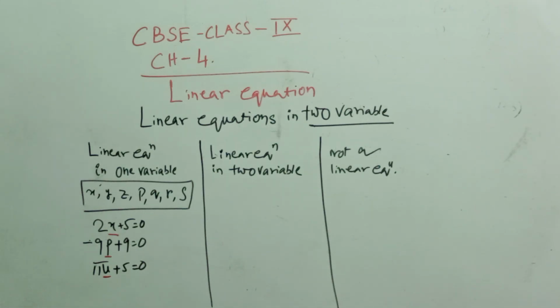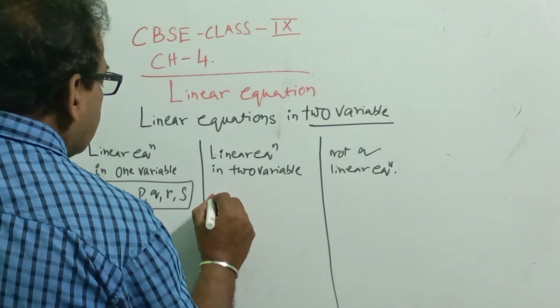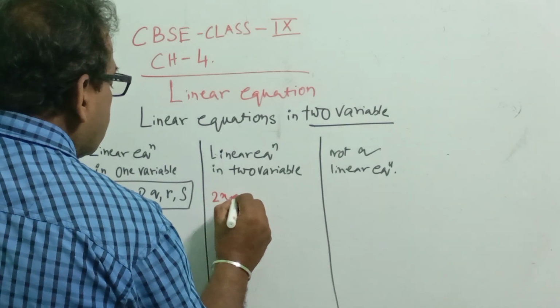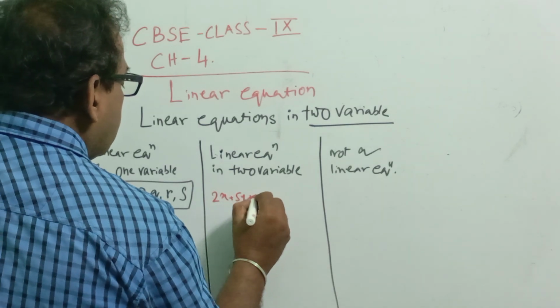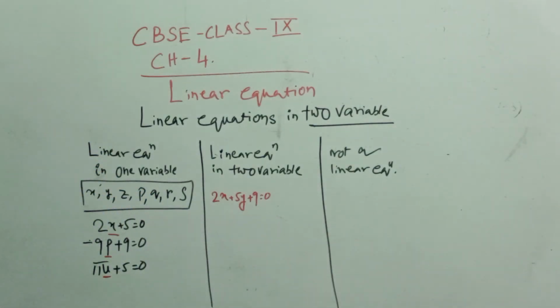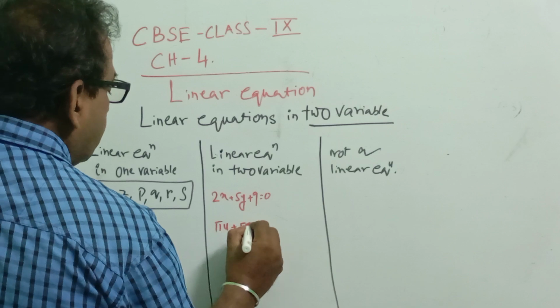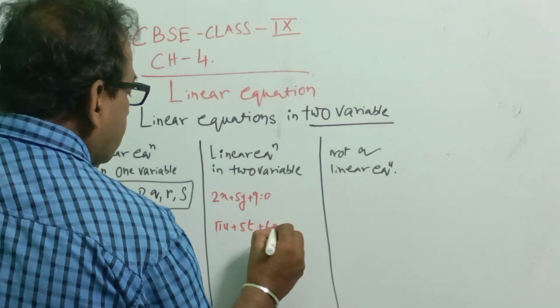Now linear equation in two variable. What is the two? That is, two variables are there. Number one, 2x plus 5y plus 9 is equal to 0. Maybe pi u plus 5t plus 6 is equal to 0.